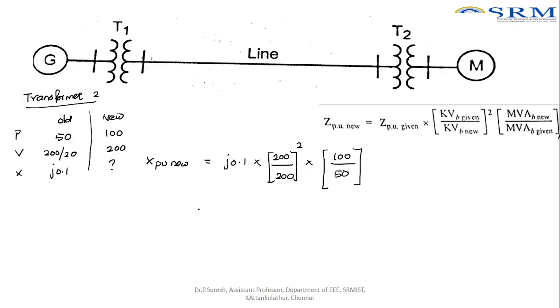When you calculate these values, it comes around j0.2. So this is the value we calculated for the transformer.